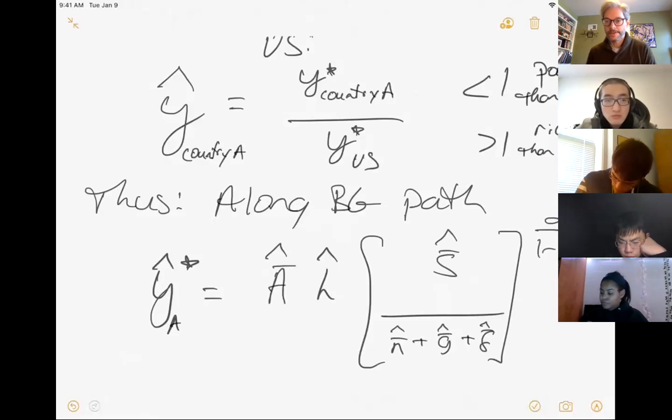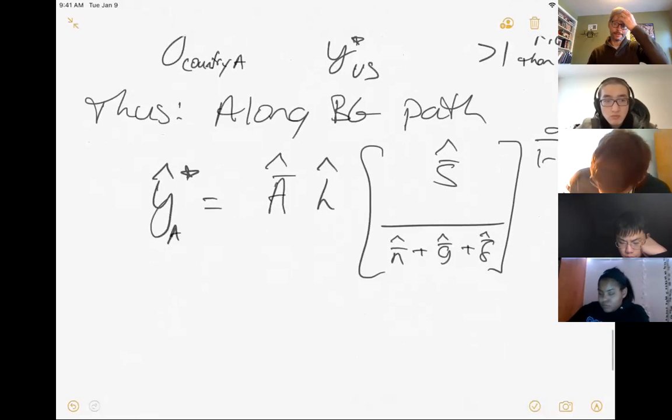So here we are trying to use this model to predict how rich country A should be relative to the US. If we can get this data, we can predict how rich this country should be relative to the US. Now, here's the thing. Can we observe all the things we need in this formula?